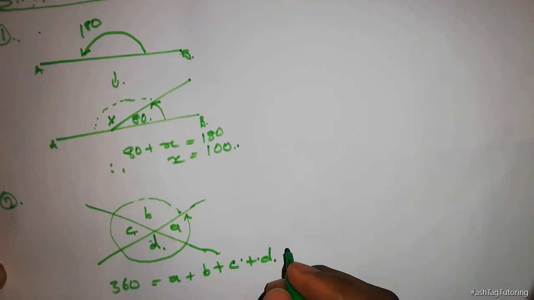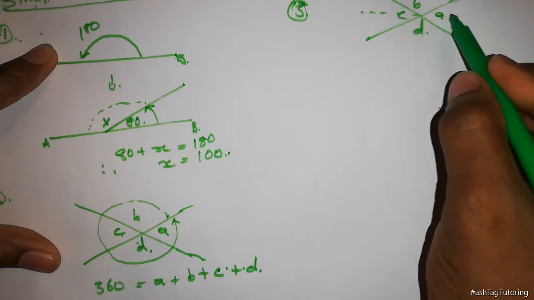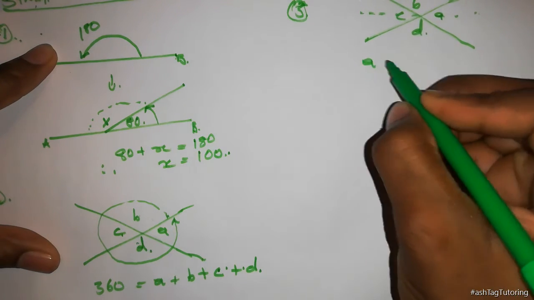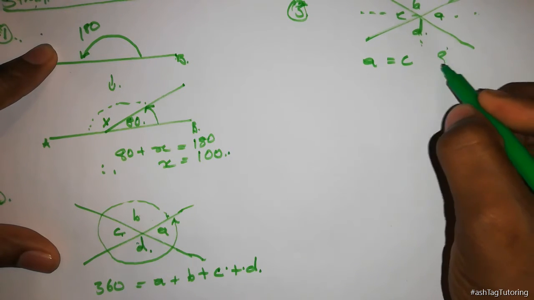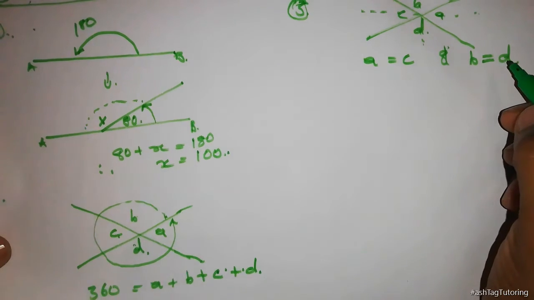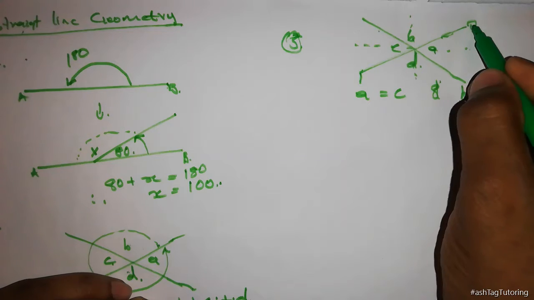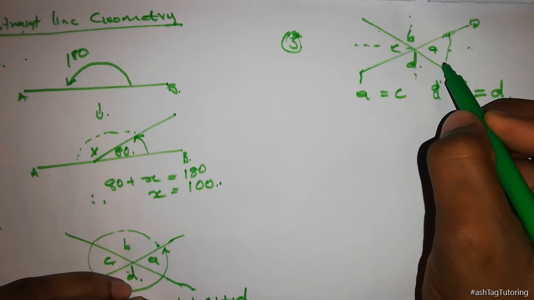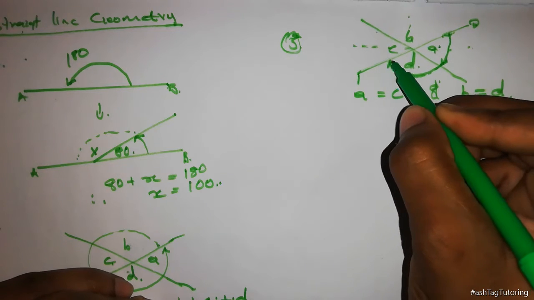That is, A plus B plus C plus D must be 360. For the same example, the opposite angles must be equal, meaning A is equal to C and also B is equal to D.